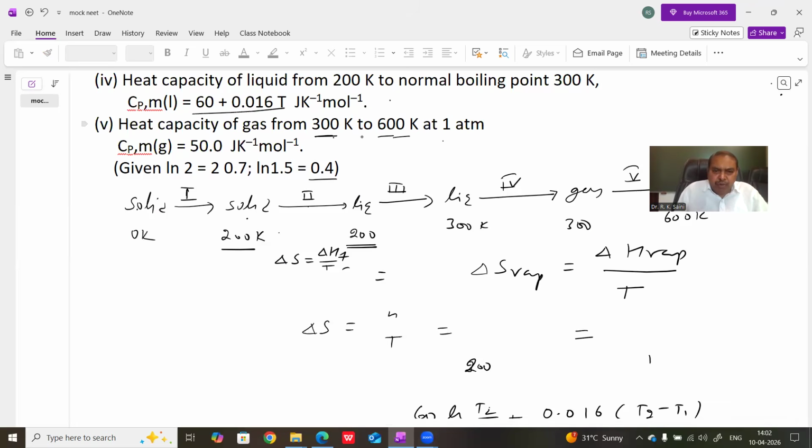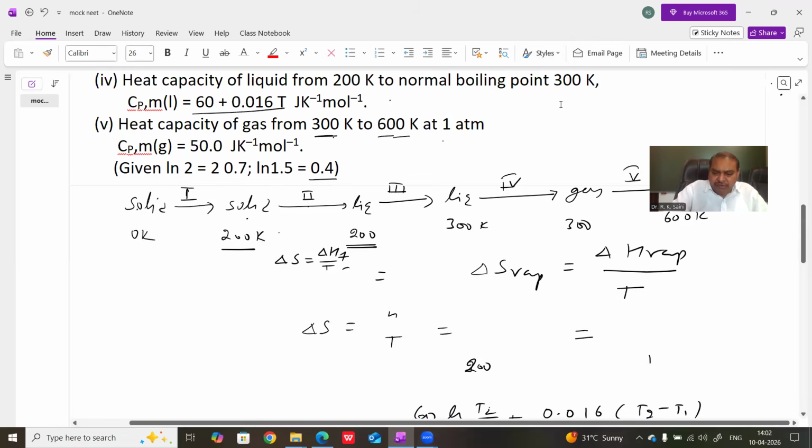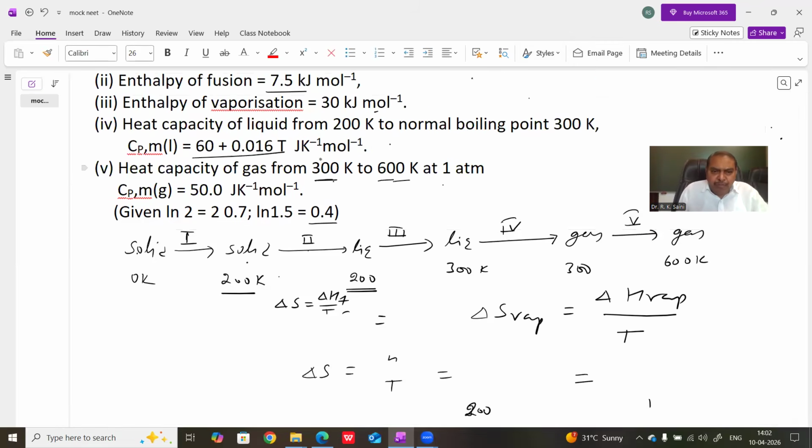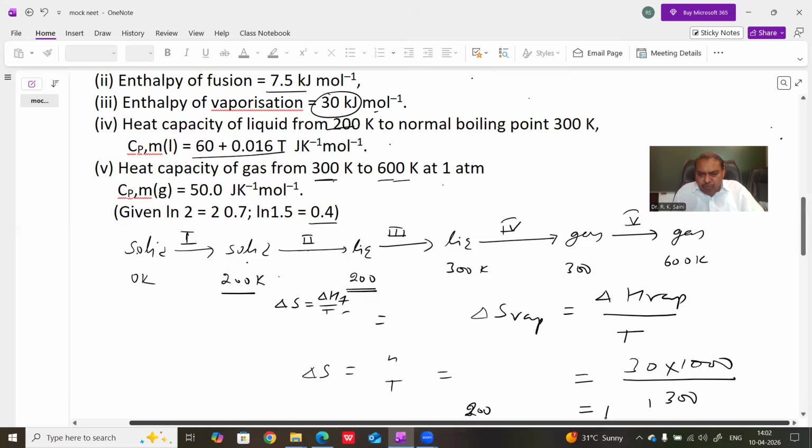The vaporization enthalpy is given as 30 kilojoule. Therefore, 30 kilojoule, or 30,000 joule, divided by the boiling temperature of 300, gives the vaporization entropy change in step 4 as 100 joule per Kelvin per mole.